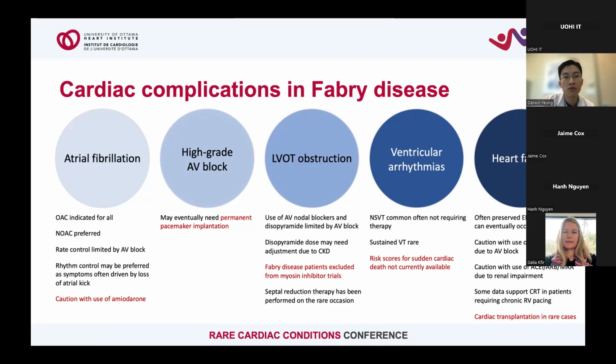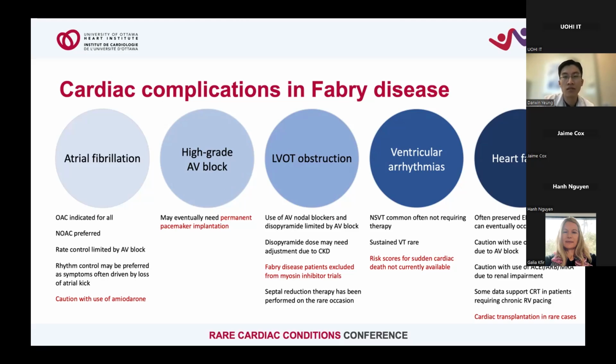And it's important to note that there should be cautious use of long-term amiodarone because amiodarone can negatively impact phospholipid metabolism and worsen the underlying Fabry disease. Again, some of these patients with high-grade AV block ultimately require permanent pacemaker implantation.